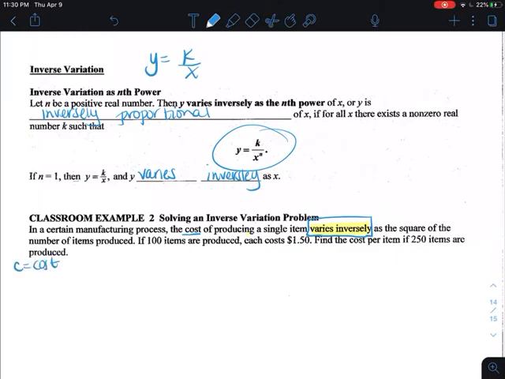So we want to let C equal cost. And then it says the cost varies inversely as the square of the number of items produced. All right, so I'm going to let N stand for the number of items.